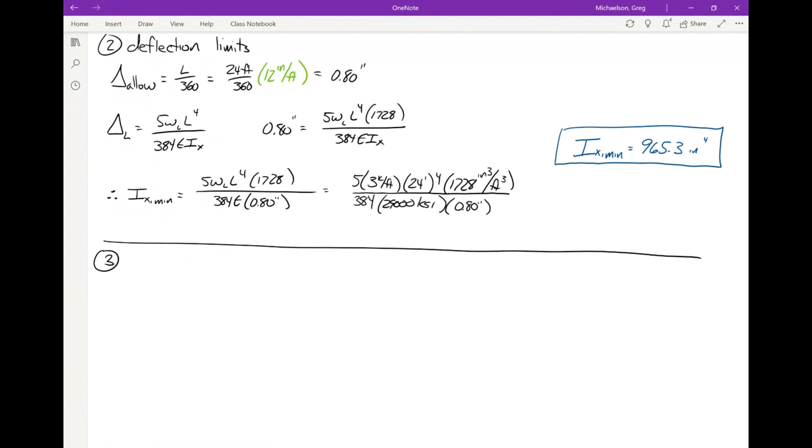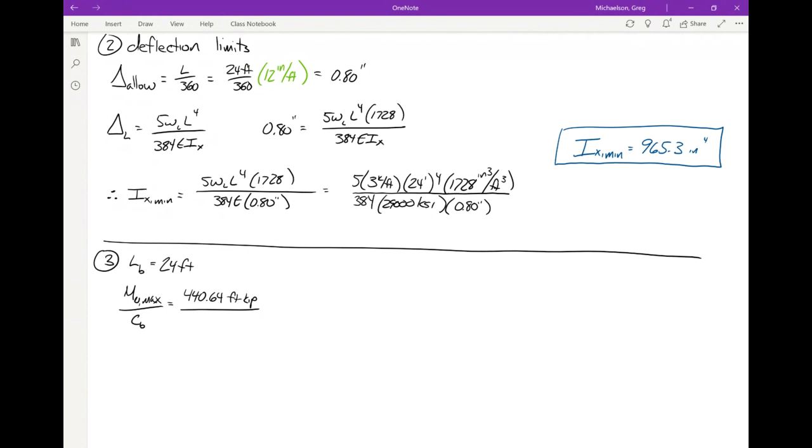So we know that LB, as we said in chat, LB for this problem is 24 feet. And our maximum moment divided by CB is 440.64 foot kips. What I mean by my notation here when I say MU max is the maximum moment within a given unbraced segment.